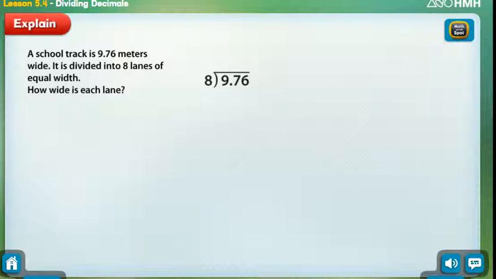To solve the problem, let's use long division just like we did with whole numbers. Here we are dividing a decimal by a whole number. Don't pay attention to the decimal point for now. Let's divide. 8 goes into 9 one time with a remainder of 1. 8 goes into 17 two times with a remainder of 1. And 8 goes into 16 evenly 2 times.